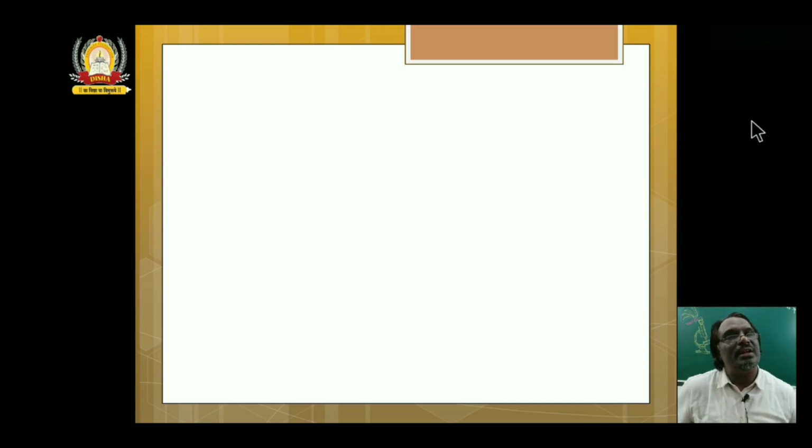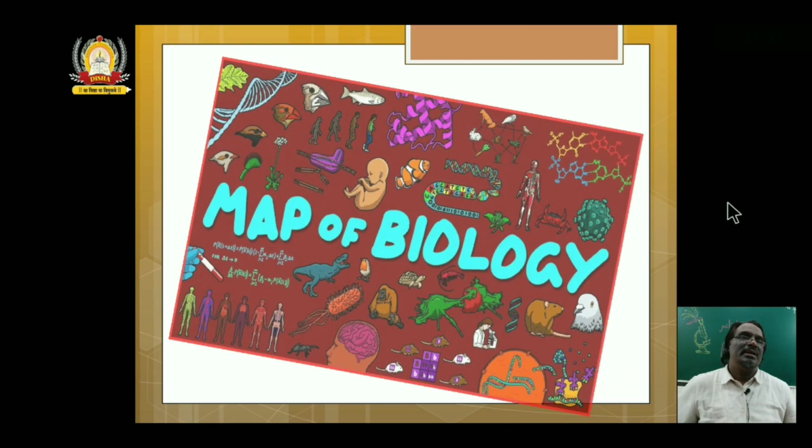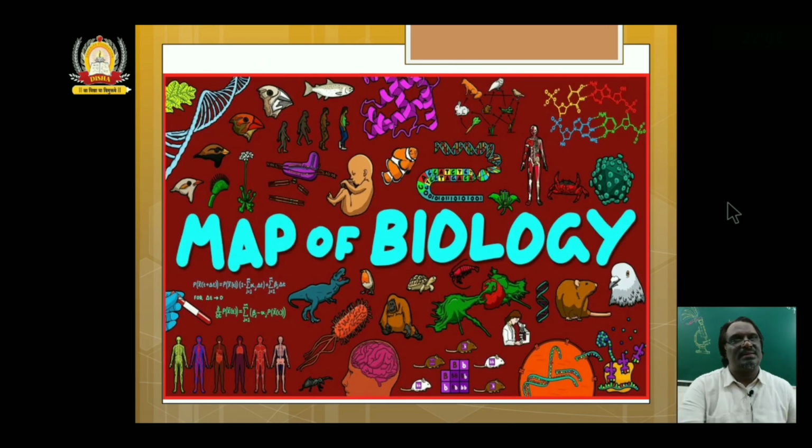So, dear children, in my 2 classes of introduction to biology, what all things have we studied? We have studied embryology, we have studied evolution, we have studied genetics, morphology, anatomy, taxonomy, histology, cytology.